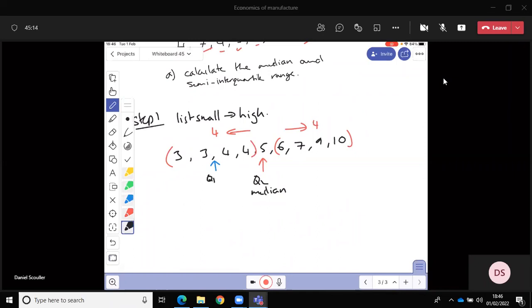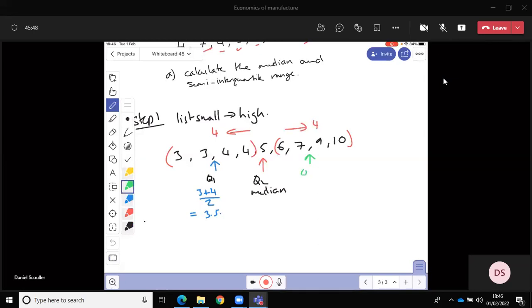Because it's in between 2 numbers, we're going to have to do 3 plus 4 divided by 2 to get that number in between. And it's 3.5. So Q1 is 3.5.